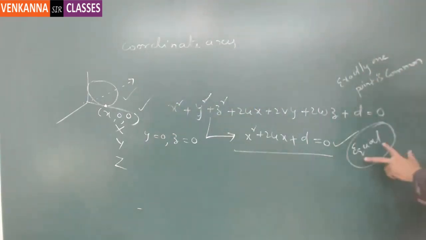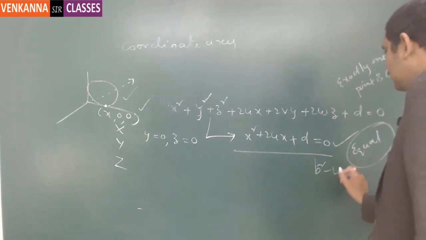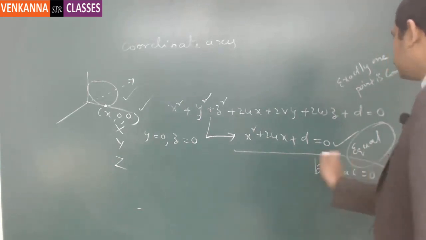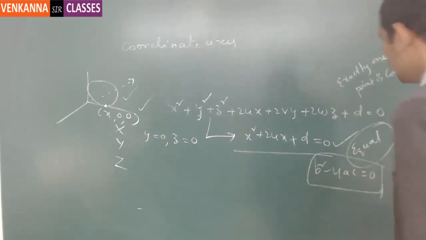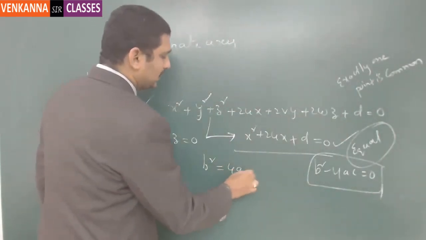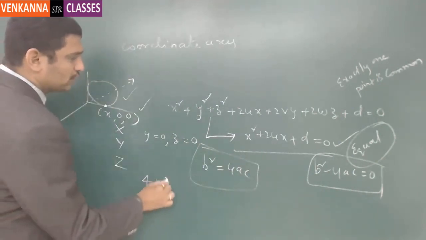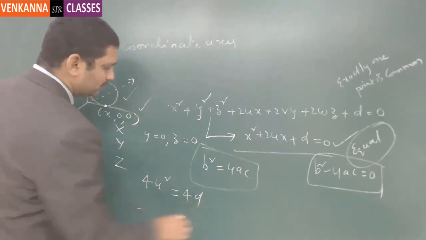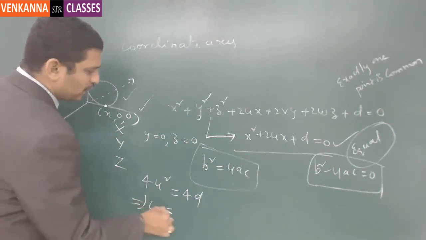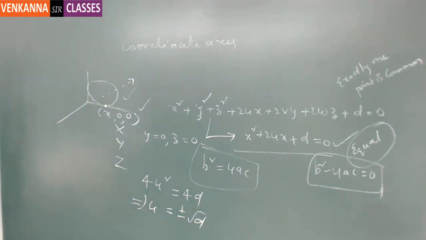Whenever roots are equal, we say the discriminant is equal to 0. The concept b square minus 4ac is equal to 0 we will use. So b square is equal to 4ac. Substituting that, you will get 4u square is equal to 4d, which implies u is equal to plus or minus root d. Please check that.